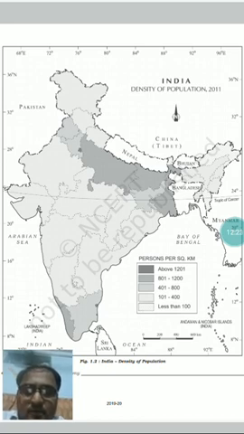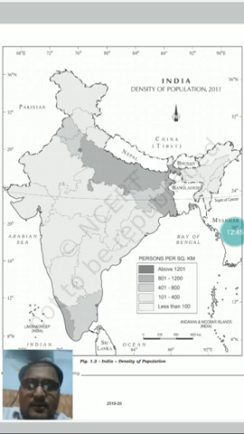Among the highest densely populated states, you see here throughout this Ganga Brahmaputra delta plain, like UP, Bihar, West Bengal, Jharkhand, Haryana, Punjab, and in South India this Kerala and Tamil Nadu. So these states are among the highly densely populated states.